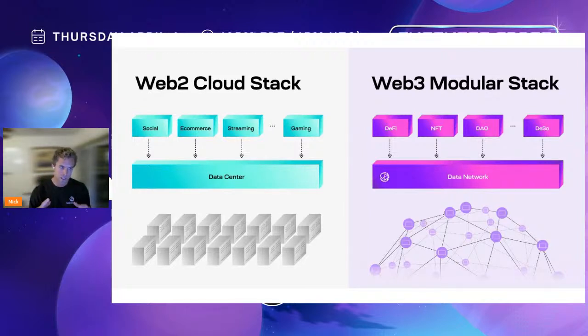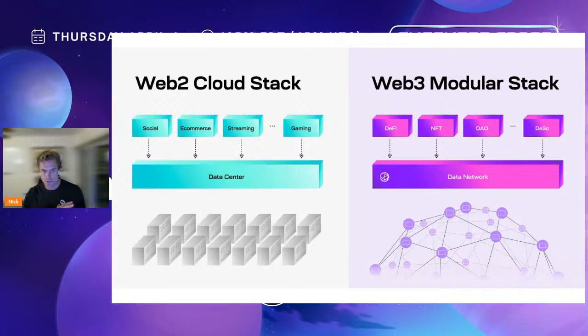They can run customized virtual machines, virtual servers on the data center that are customized for the application that they want to run, and they can scale it up or down. It's very cost effective, and so the cloud stack has enabled Web 2 to grow and scale, and it's enabled developers to not have to worry about infrastructure, and have all this flexibility baked in from the beginning. And so it's really unlocked a ton of innovation.